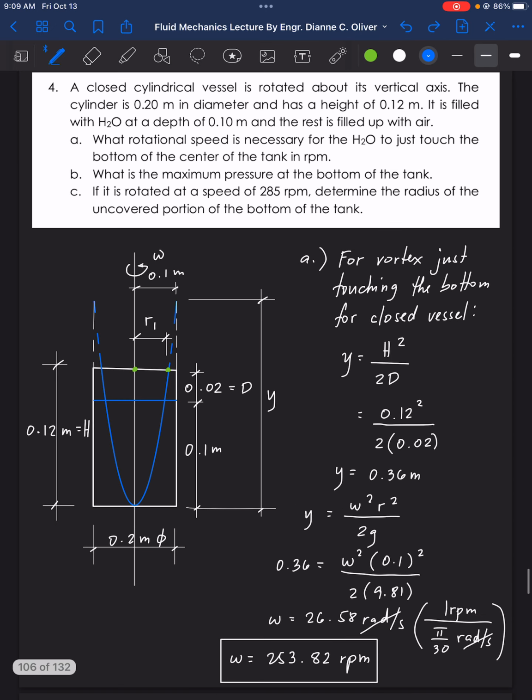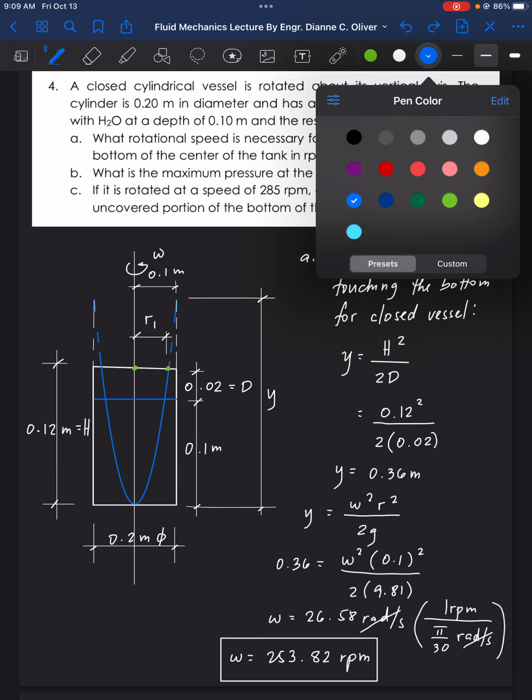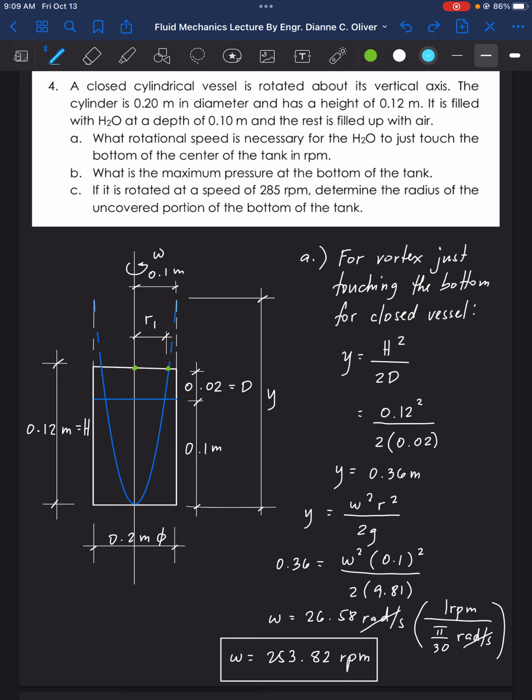Okay, so that's for letter A. For letter B, what is the maximum pressure at the bottom of the tank? For the maximum pressure at the bottom of the tank, of course, we will take the initial condition. So it's asking for the pressure here at the bottom of the tank.